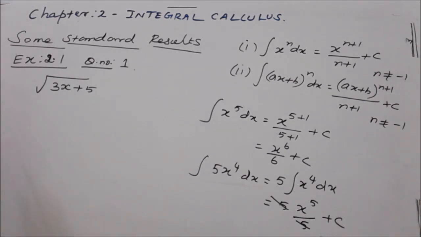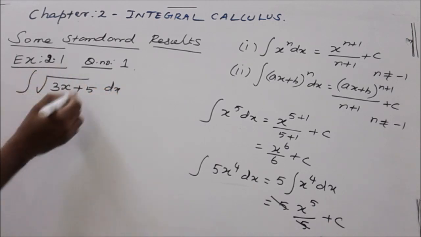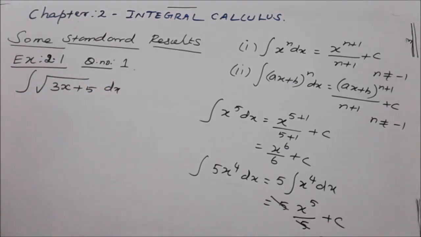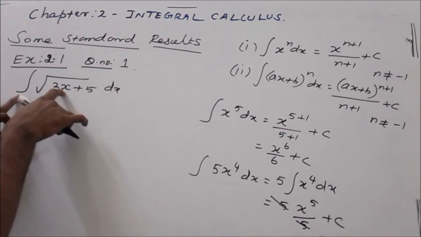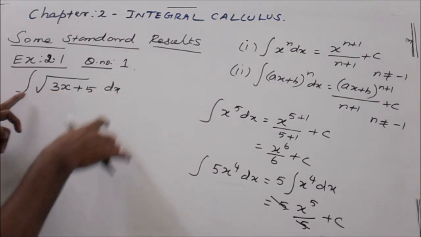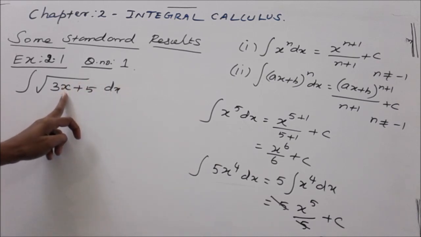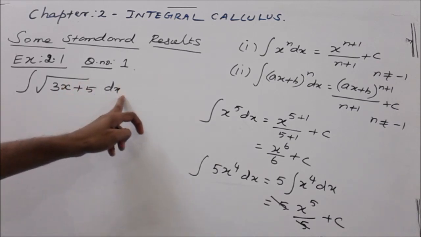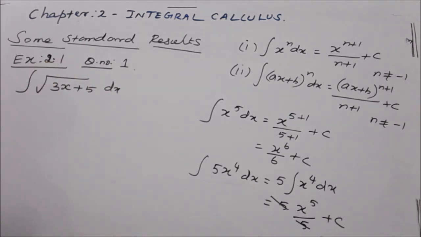Here the function is given only as integral dx, so when you integrate, apply the integral symbol and the respective differential according to the variable. If t is given, apply dt. If theta appears, you apply d theta. So this is the respective function we want to integrate.